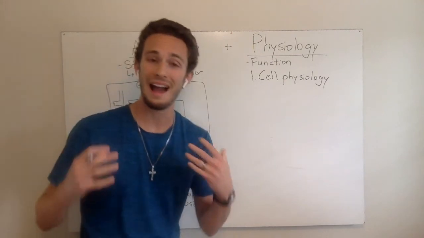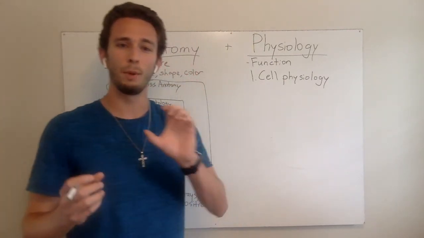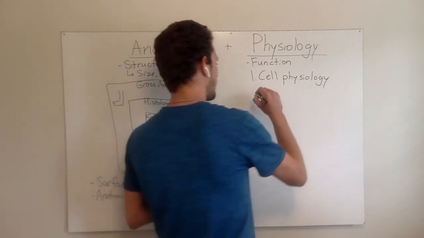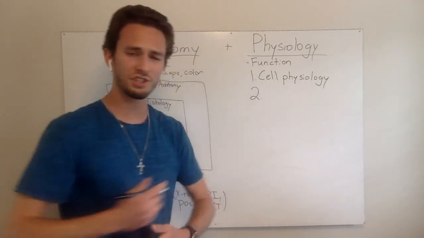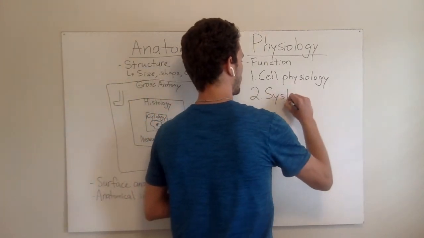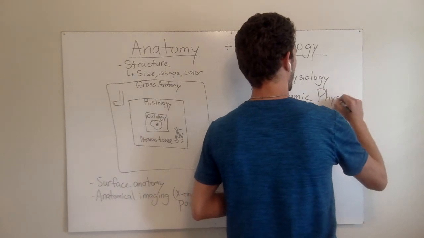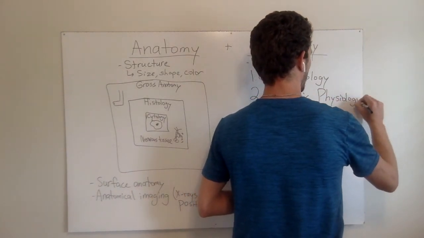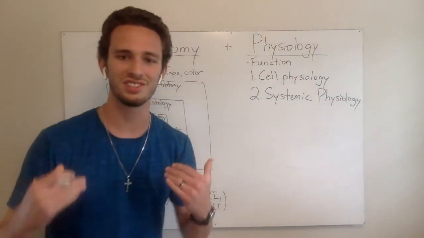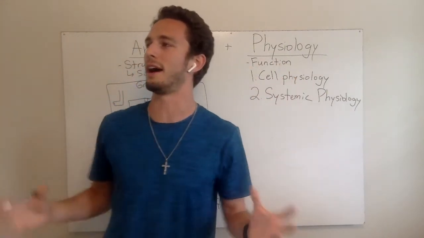Then obviously, if you zoom out, you can view it on tissue level, you can view it on organ level, but we like to categorize it in a little bigger picture, which is called systemic physiology. And when we're talking about systemic, I'm not talking about systemic issues in America right now.